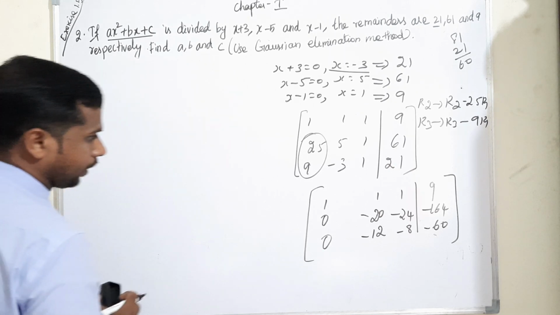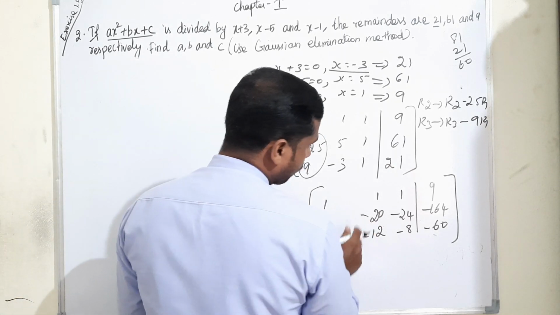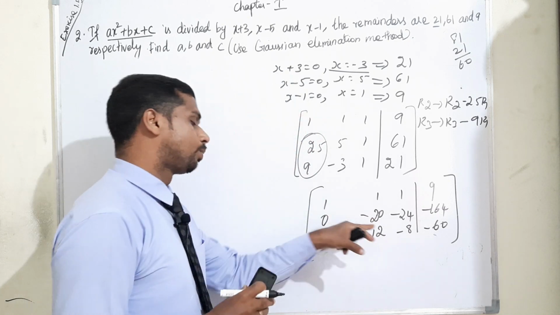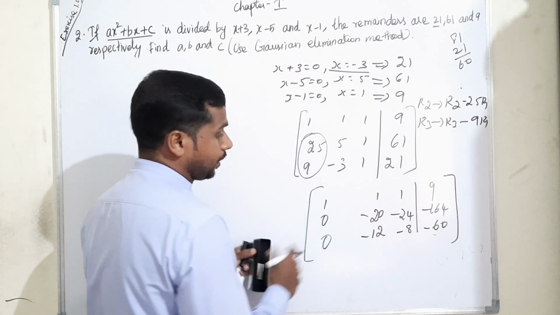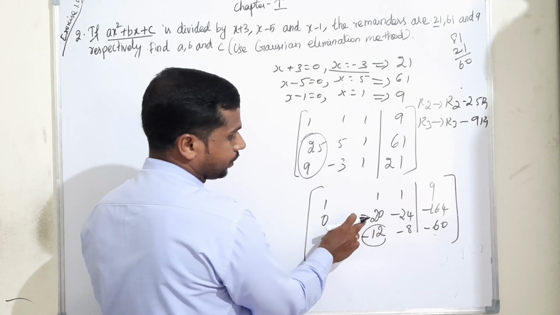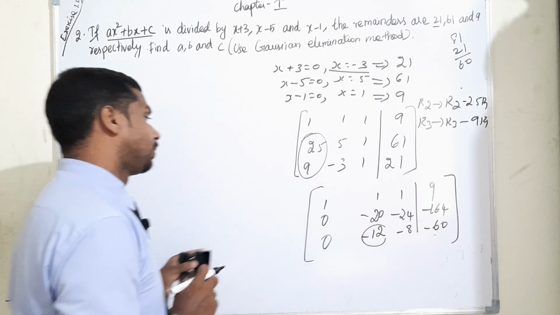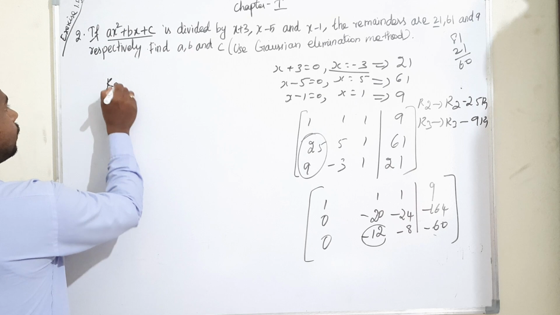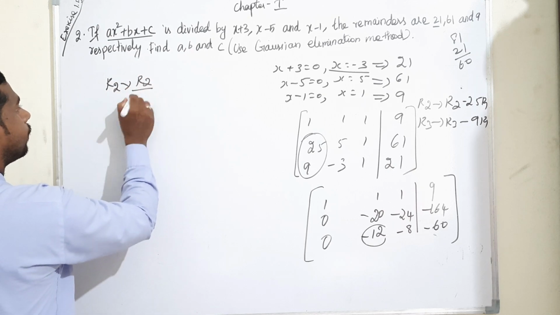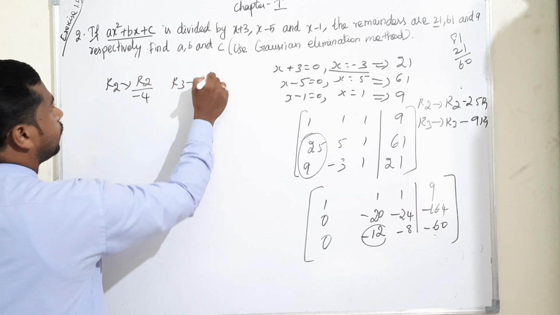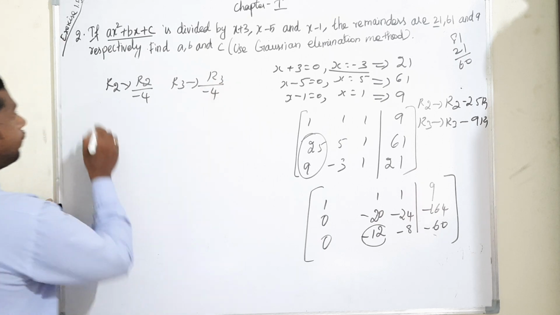Next, what you have to do, look here. In R2 and R3 there are bigger numbers. If you reduce them to smaller numbers, it will be easy to make the third row 0, because the non-zero digit starts in the second row and under that term we have to make 0. So R2 gives R2 divided by minus 4, and R3 gives R3 divided by minus 4.